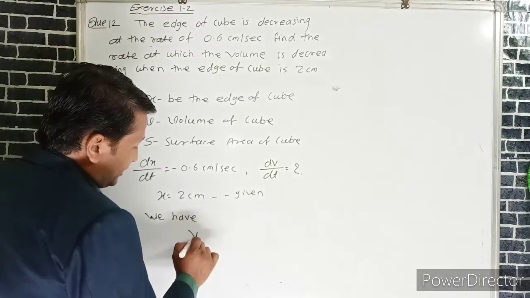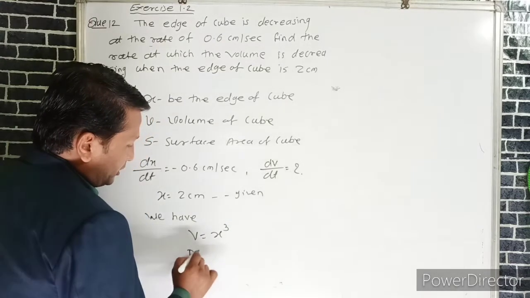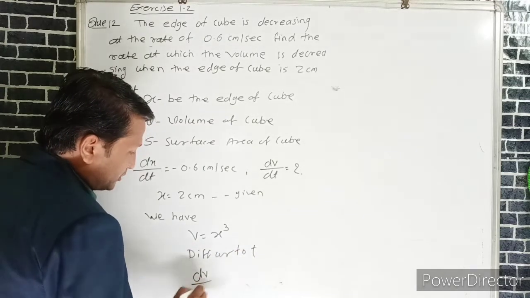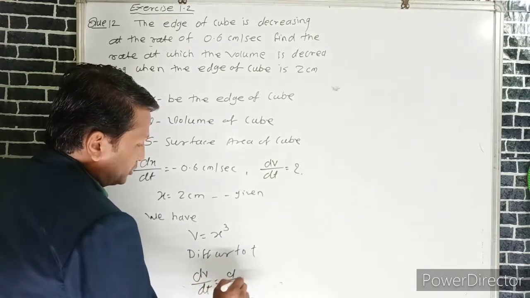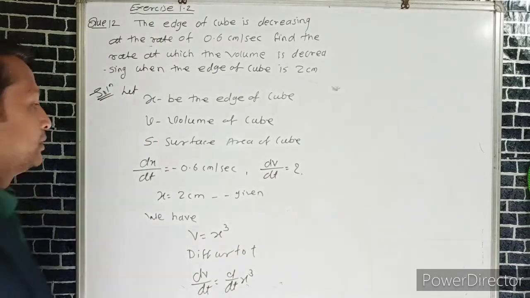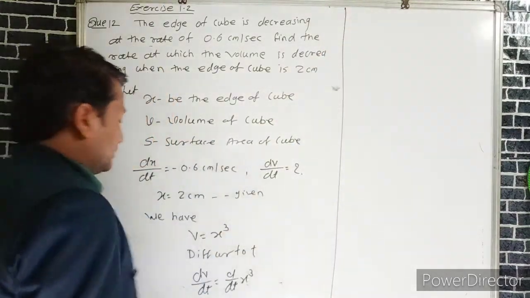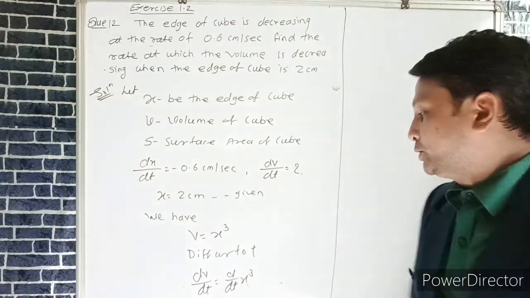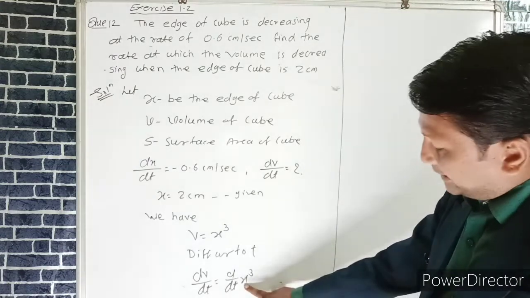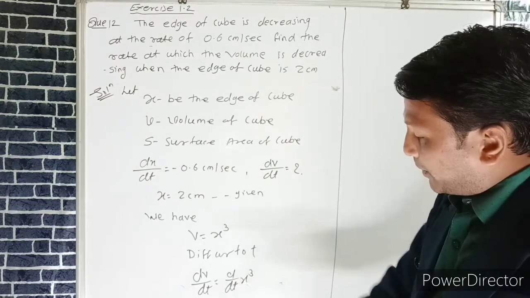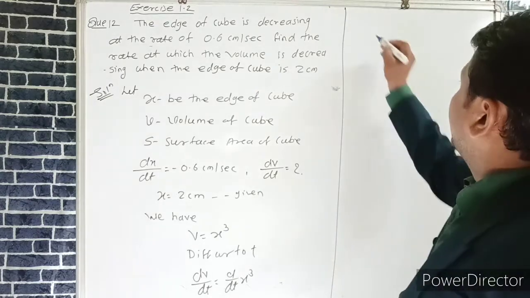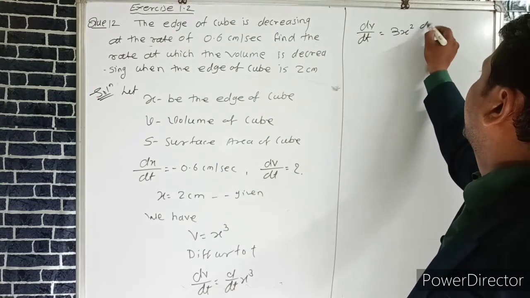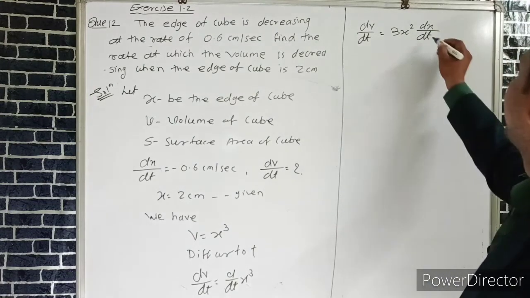We can write V is equal to x cube. Now if we differentiate with respect to t, we can write the derivative of V, which is dV by dt, is the derivative with respect to t of x cube. We know that if x is a differentiable function of the parameter t, we can write the derivative of x cube as 3x square times the derivative of x, which is dx by dt.